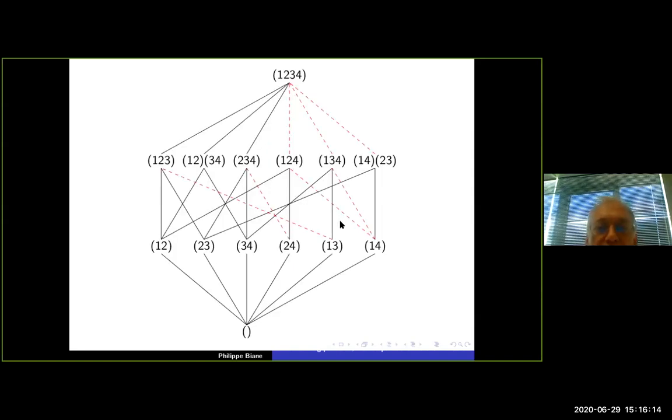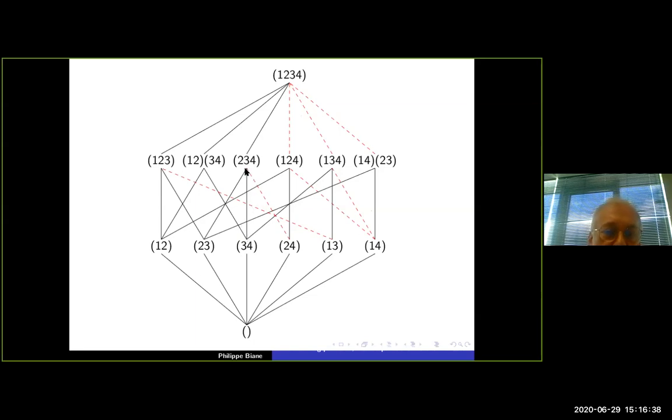Here is a picture of what happens when you look at the set of non-crossing partitions that I showed before. So in black, I have put all the square order relations, and in red, all the double order relations. So this means that on all these pairs, the absolute order and the Bruhat order coincide.